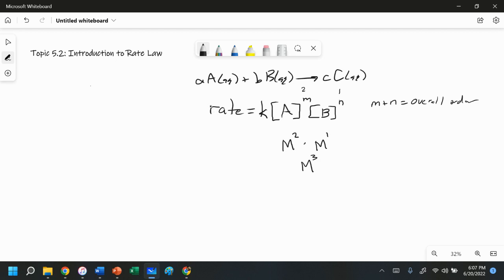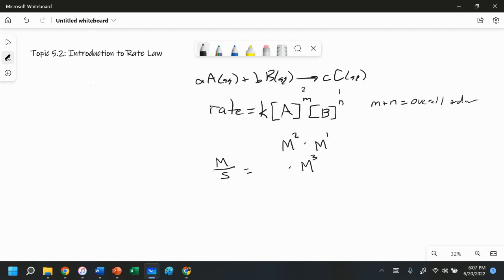So if this is molar cubed for the units of our concentrations raised to their orders, K has to be some unit that will give us a rate unit of molar per second, because rate is change in concentration, change in molarity, over change in time, seconds. So molar per second. So what can we multiply molar cubed by that will give us molar per second on the left-hand side?